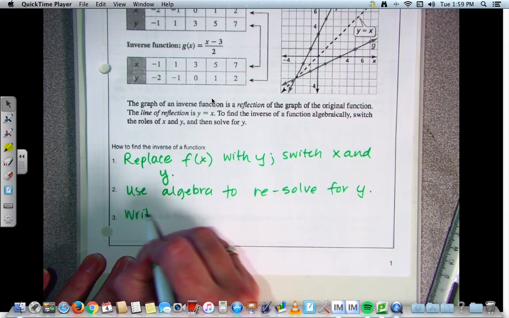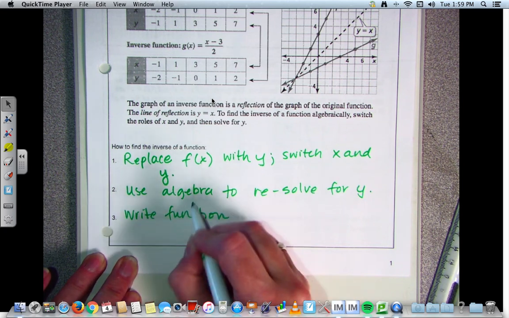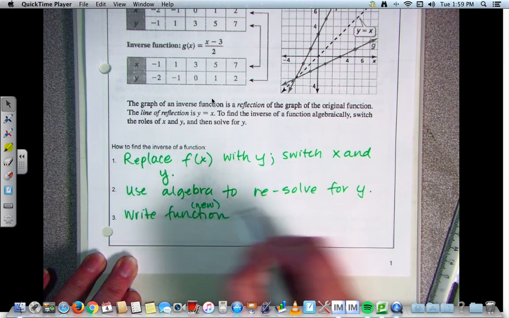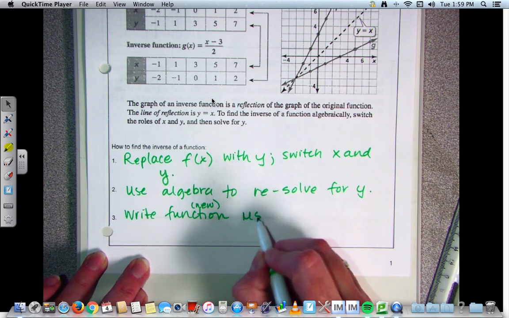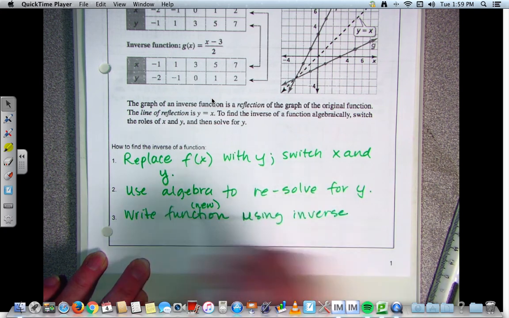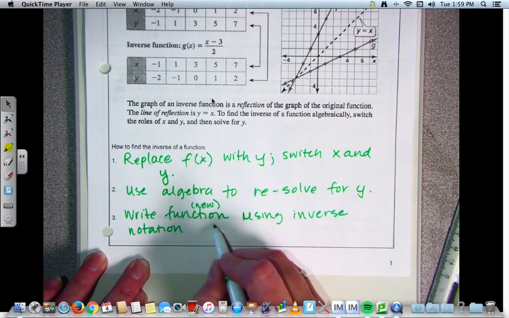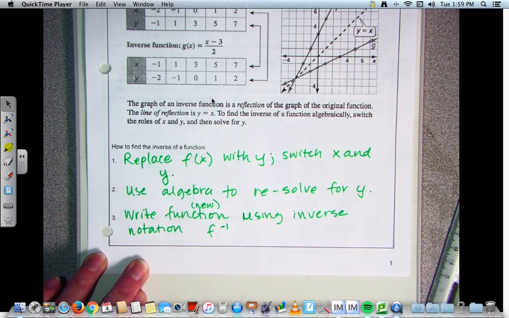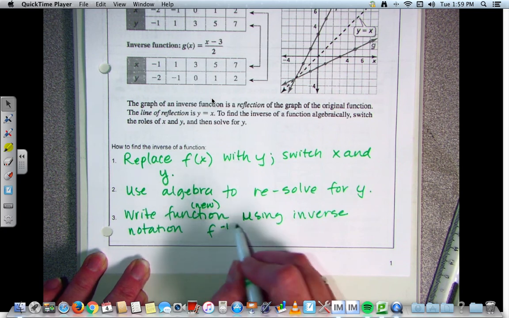Write the new function using inverse notation. So inverse has this little -1. This means that it's the inverse of f of x.